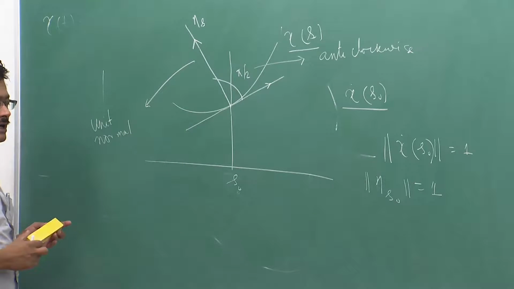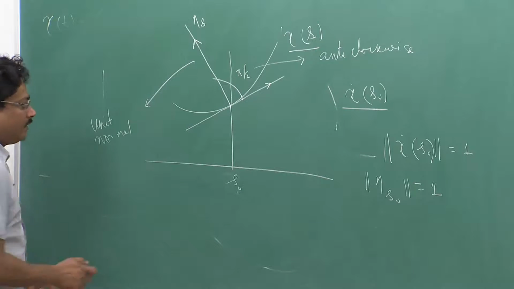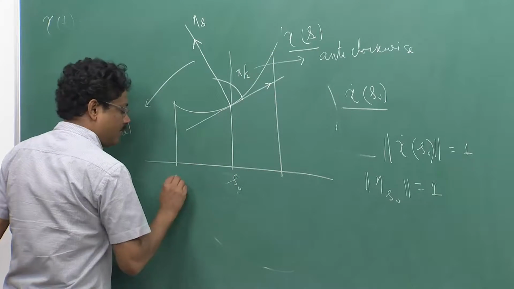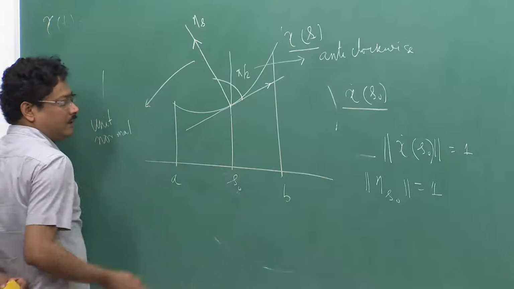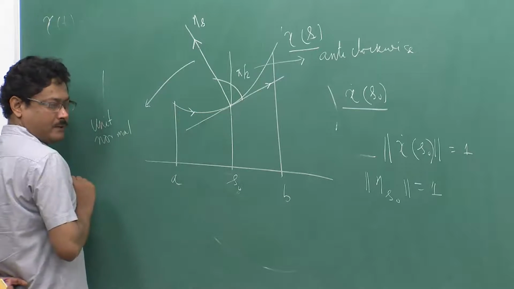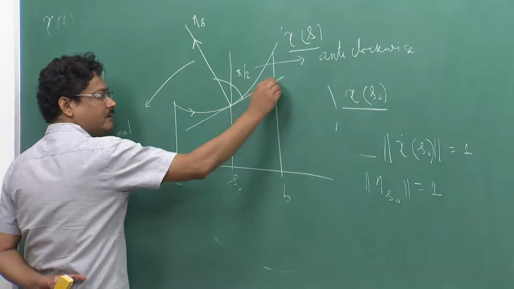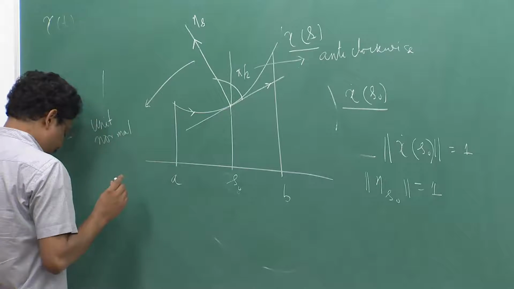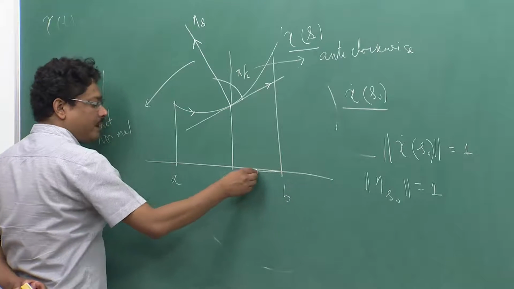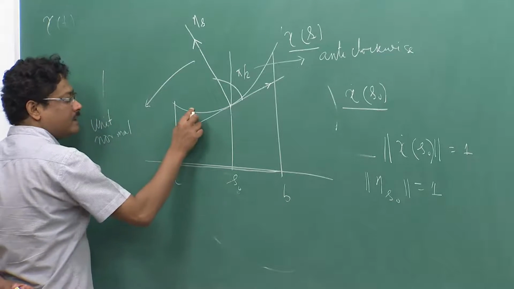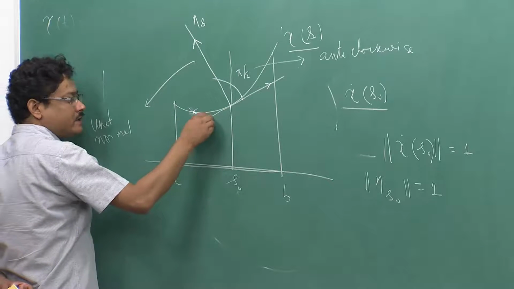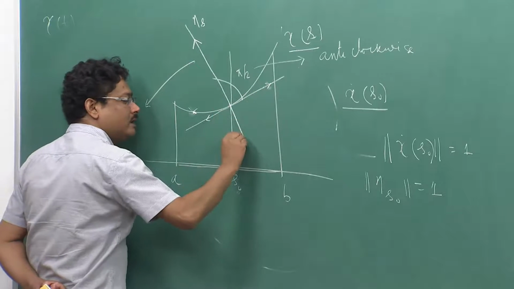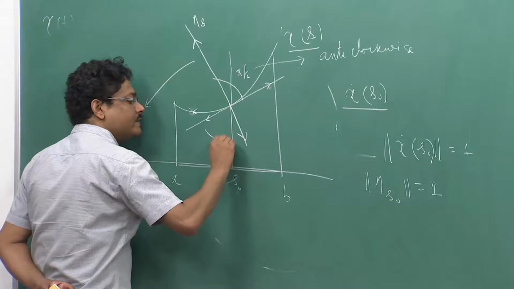You see, for the same curve, if I am moving from, let us say, point A to B, then I am moving this way, right. So, the direction of the tangent is the one I have drawn. But suppose I move from B to A, the direction of the curve will change and the direction of the tangent will also change, and so does the unit normal, because I am moving anti-clockwise.